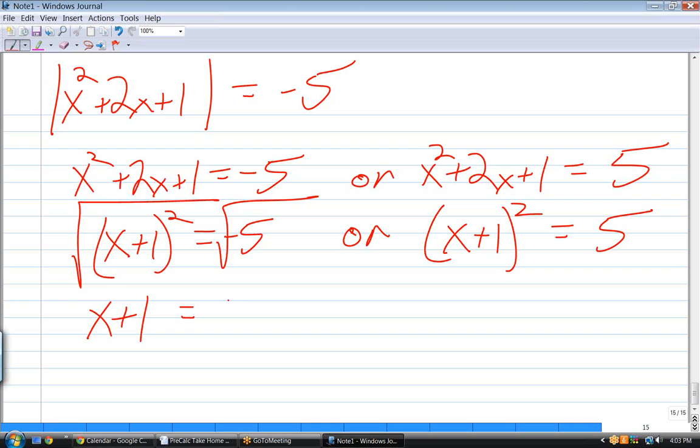The square root of negative 5 would be plus or minus 5i. I'm not sure what the square root of 5 is. Well, the square root of 5 is the square root of 5. The problem is the negative sign. When you take the square root of a negative number, you get an imaginary number. Okay. Have you had imaginary numbers? No.